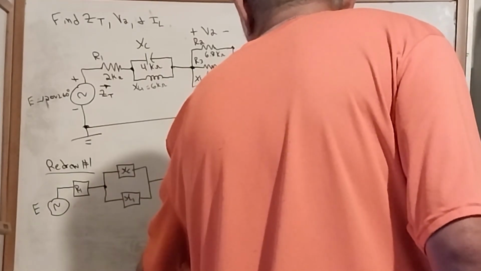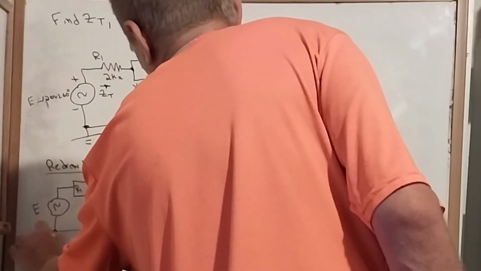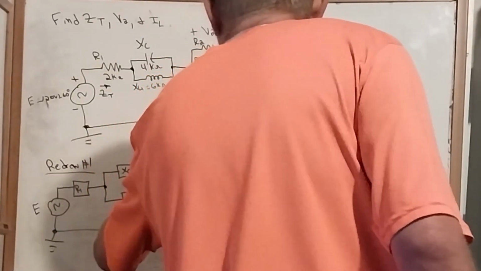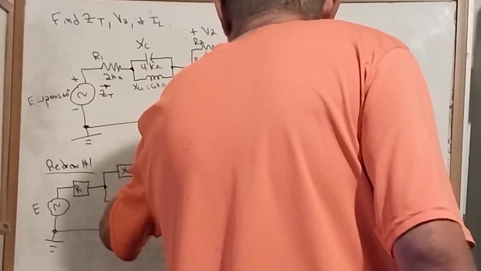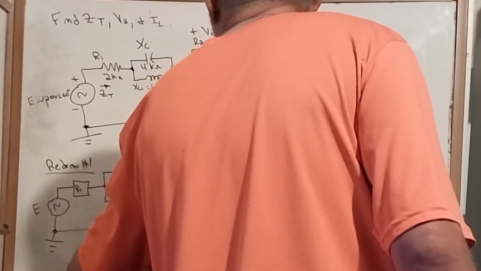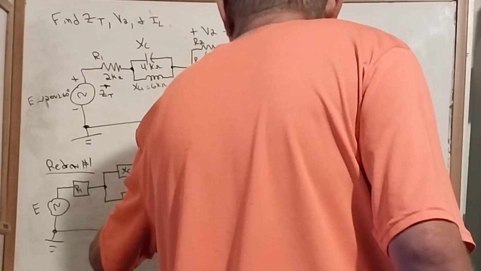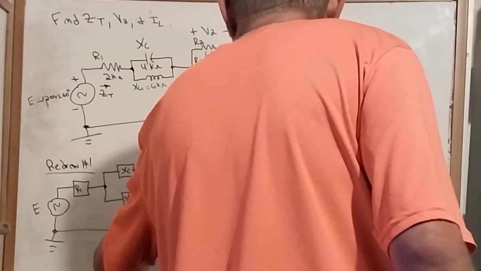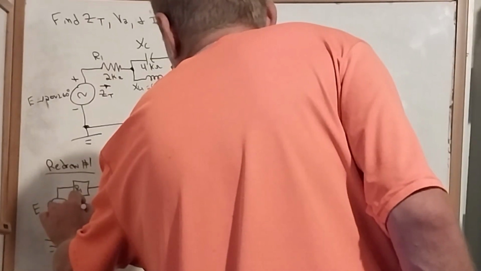But this is not the ground, this is all the way over here. Here's our ground. This is R2. This is V2. Let's see. R3. X of L2. This is I sub L. I'll put the Z sub T here.